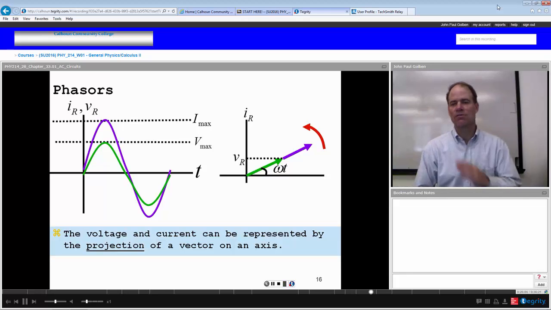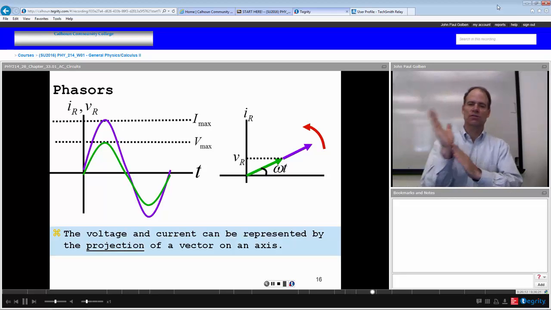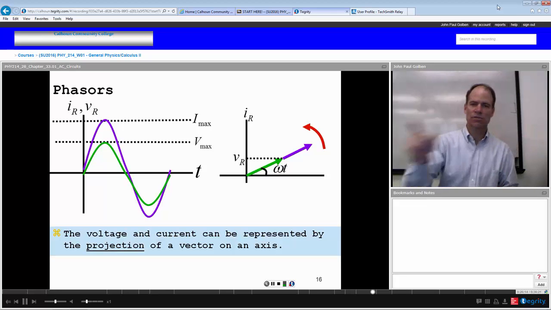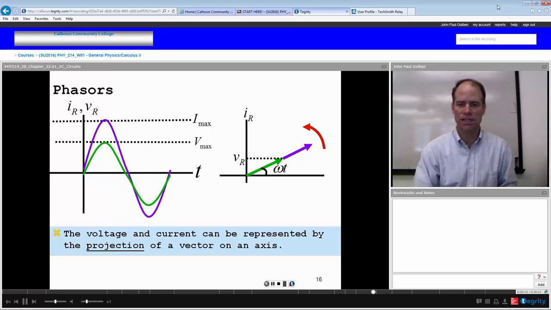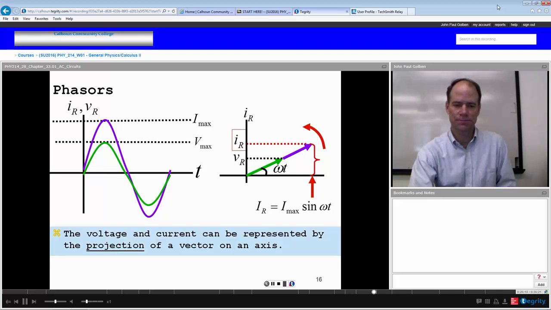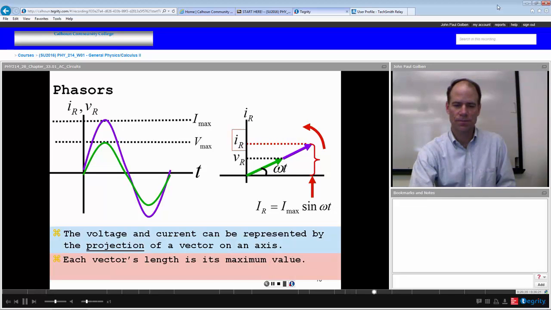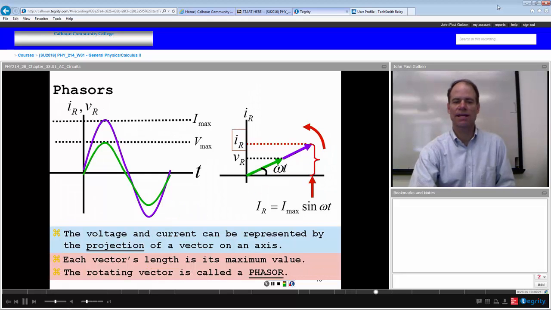And then the voltage across the resistor is in phase with that vector, so the two vectors would move together as they're rotating with an angular frequency omega. Each vector's length will be its maximum value, and this rotating vector is called a phasor.